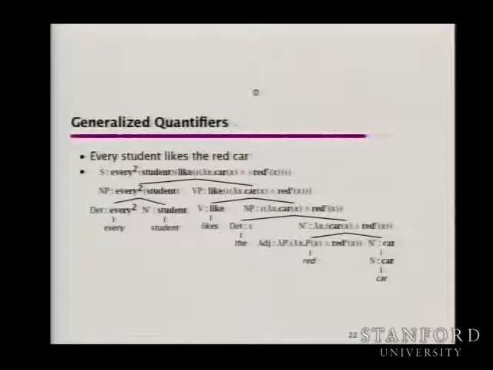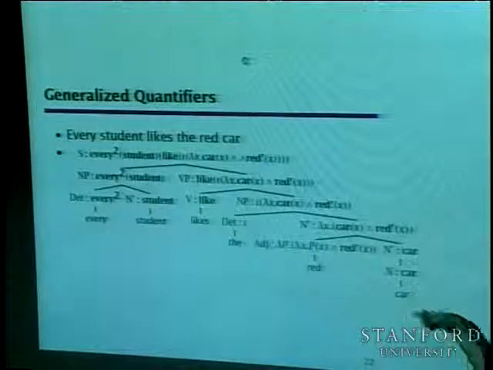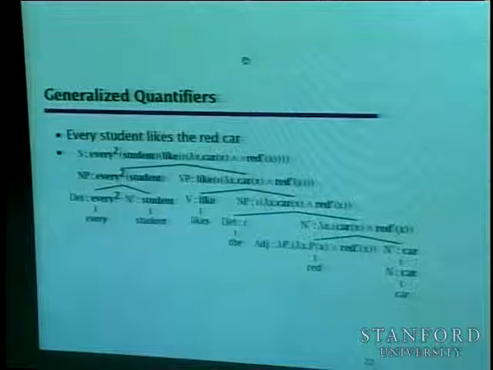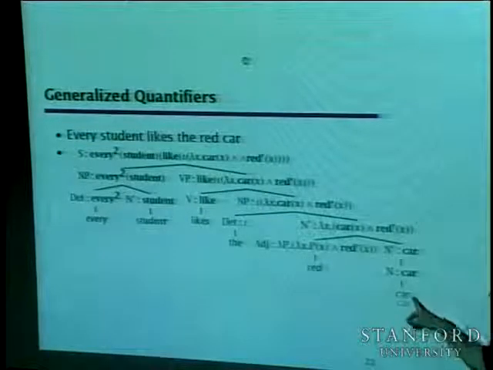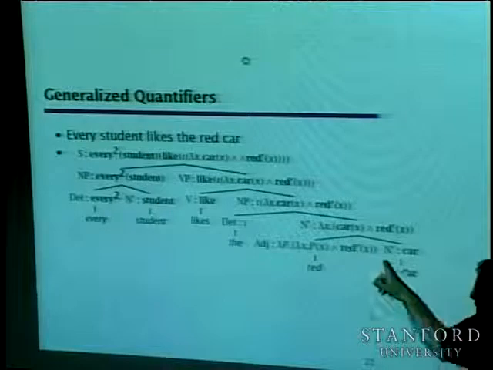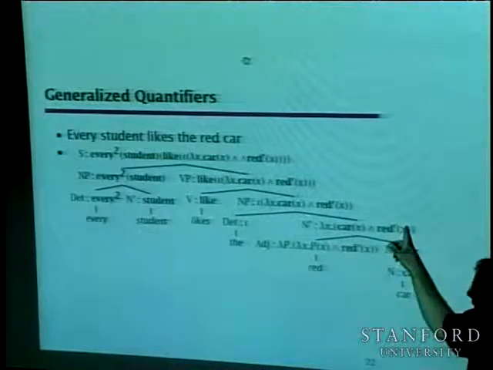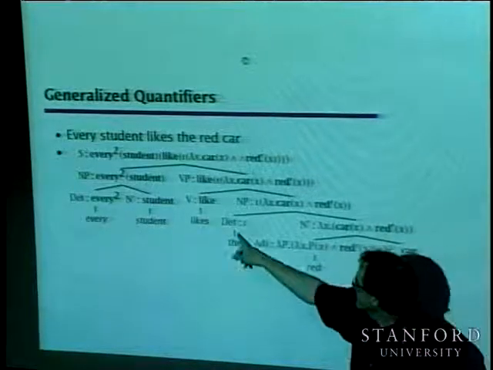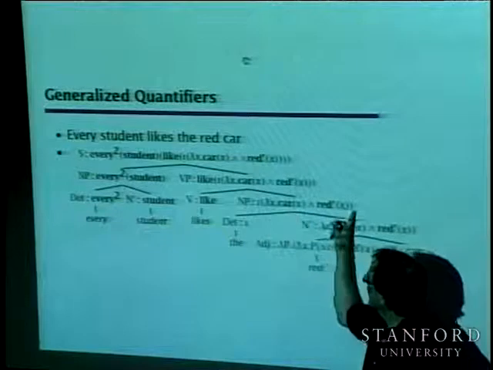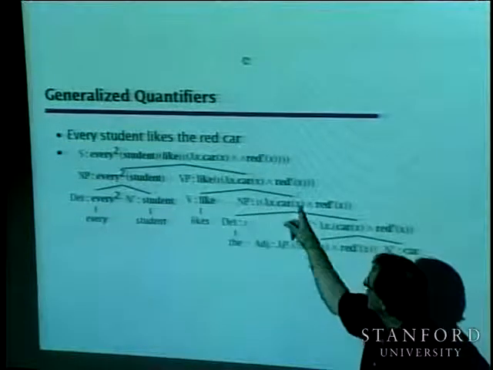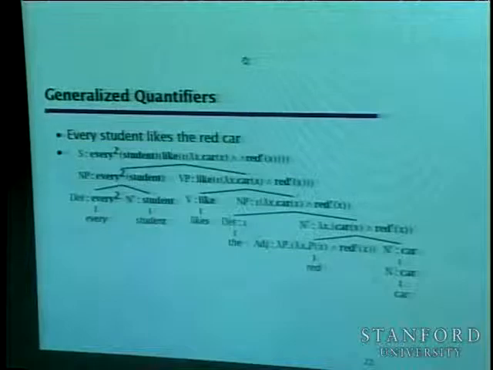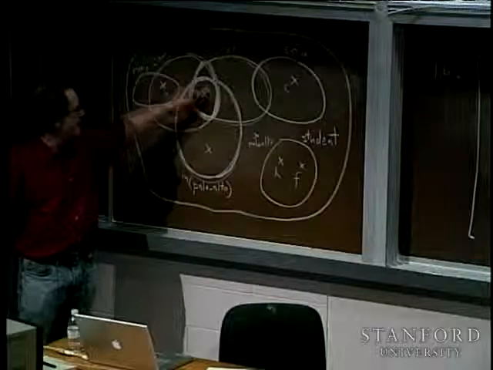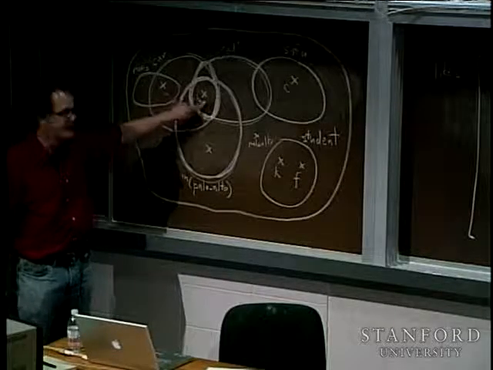Okay, so now I'm just about in business, in the following sense. Here's how I want to do every student likes the red car. So I have car, I build up the bigger property of red car, and then I combine it with the determiner the. So this is this iota operator here. And when we evaluate the iota operator of the red car, its value is just an individual.